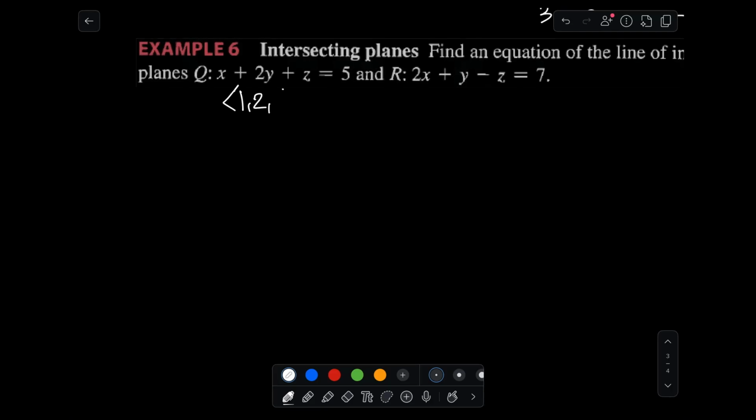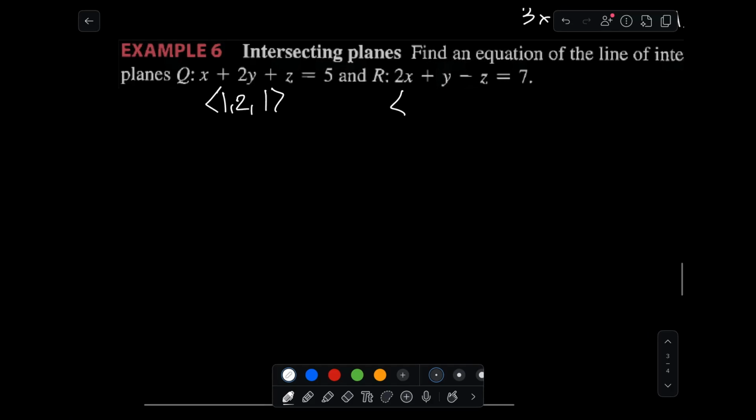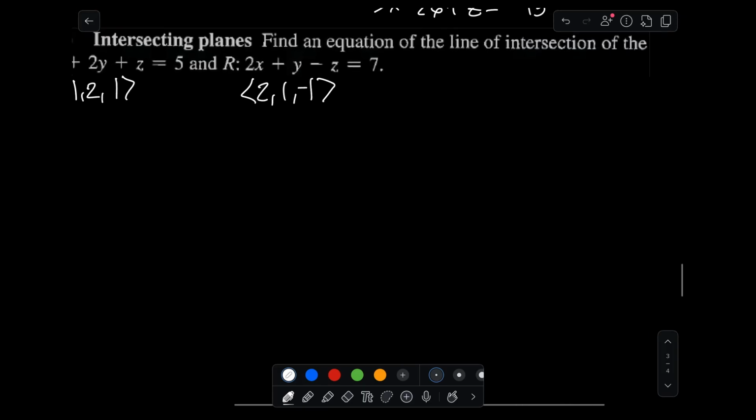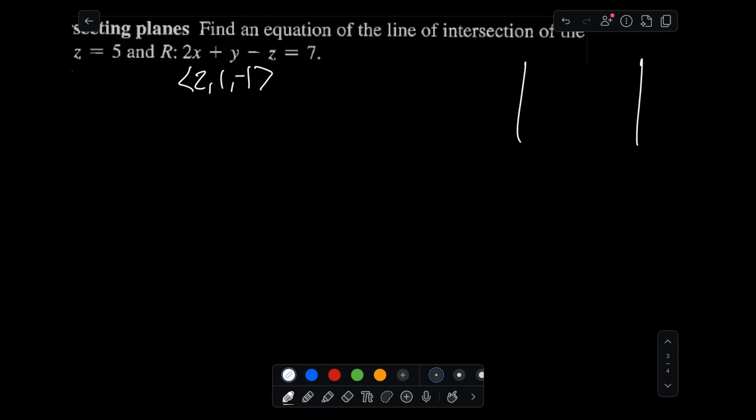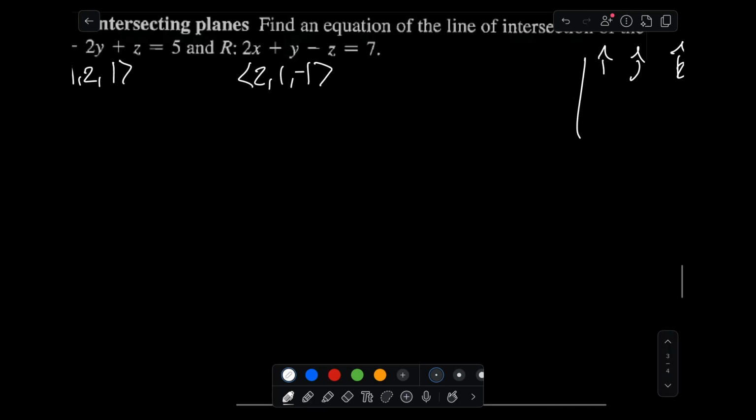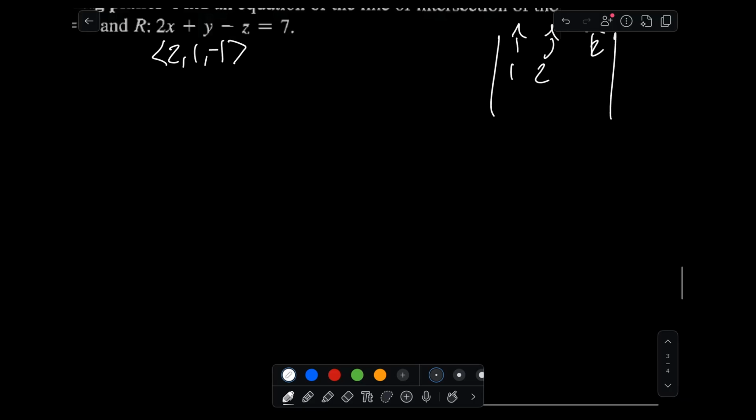We got our, just get our normal vectors real quick. And then let's just get our cross product ready and good to go. It's gonna be 1, 2, and 1, 2, 1, negative 1.